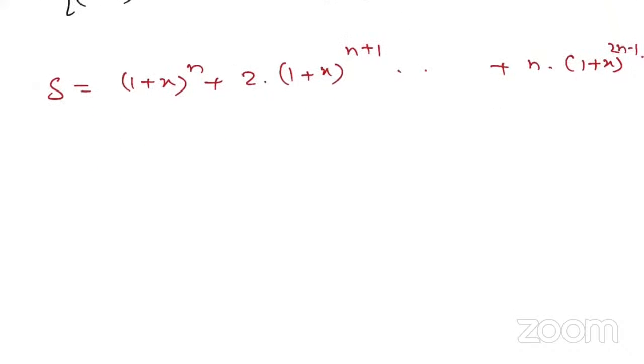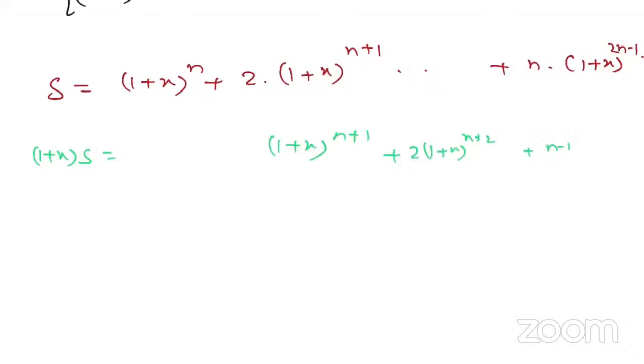So it's a simple direct AGP series that we have to solve, and we know how to solve an AGP series. You have to multiply with r, the common ratio, then we'll get a series, and that will be 1 plus x into S: 1 plus x to the power n plus 1, plus 2 into 1 plus x to the power n plus 2.